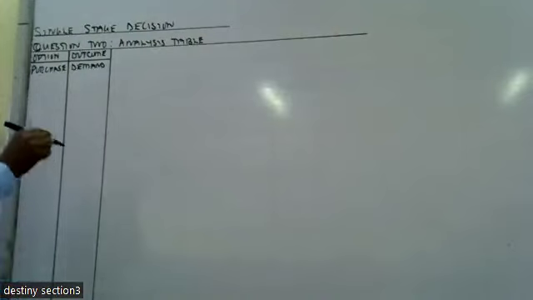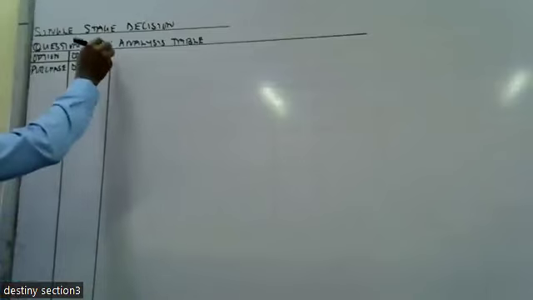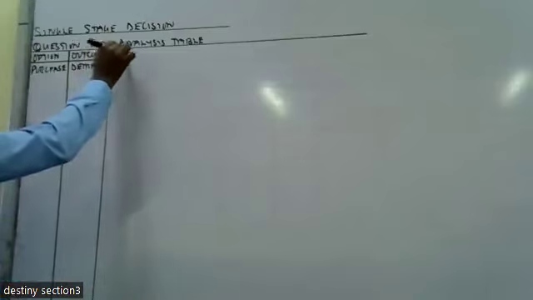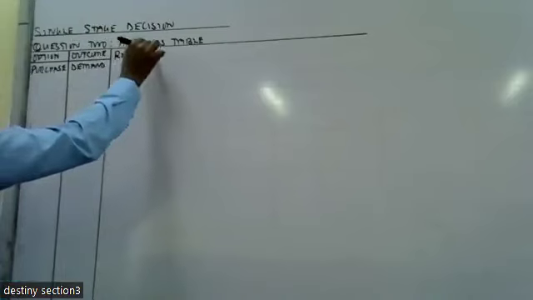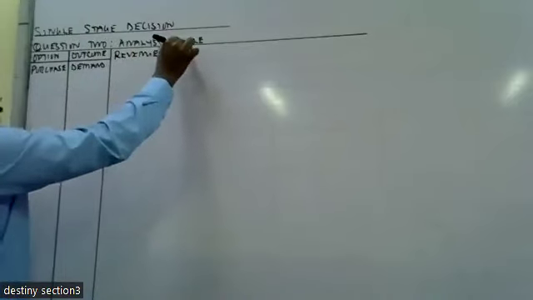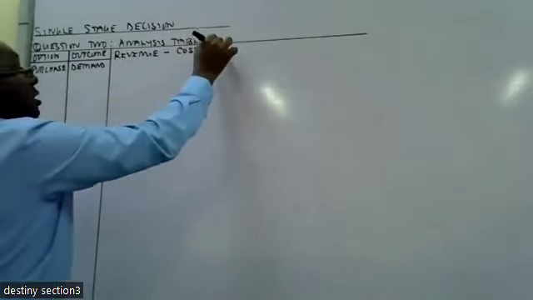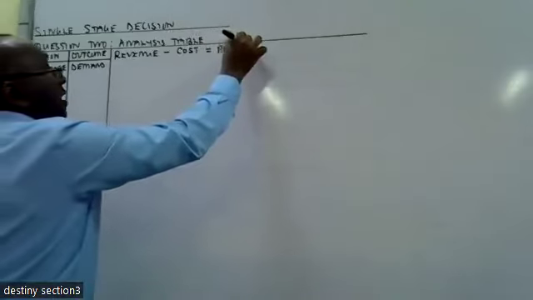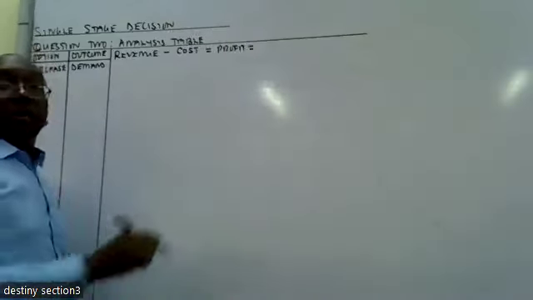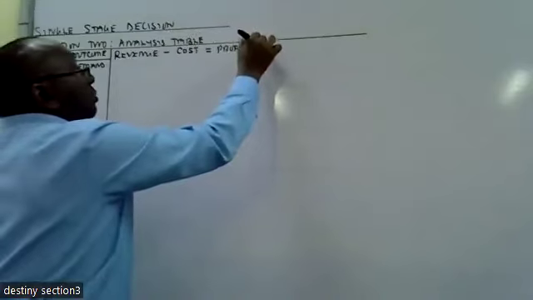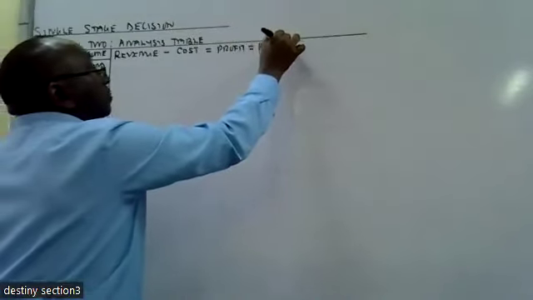Good. Selling price minus the buying price. In business language, that is what we call revenue minus costs. That gives us what? Profit. And in this topic, instead of using the word profit more, we shall be using the word payoff.